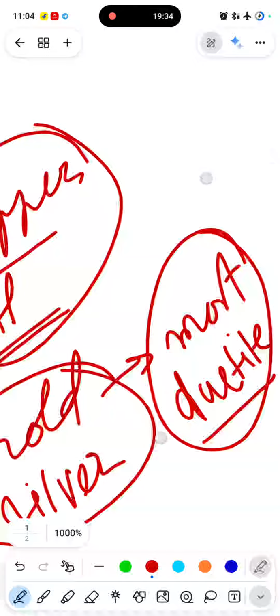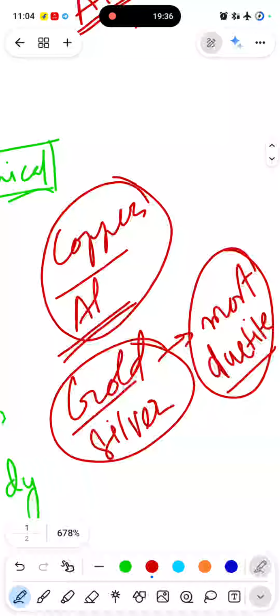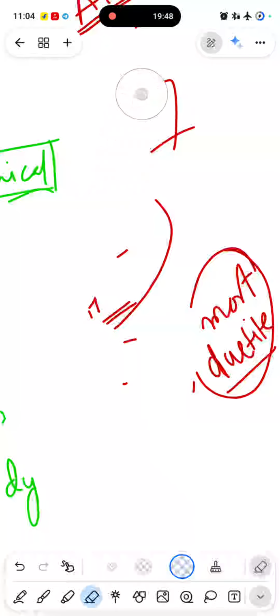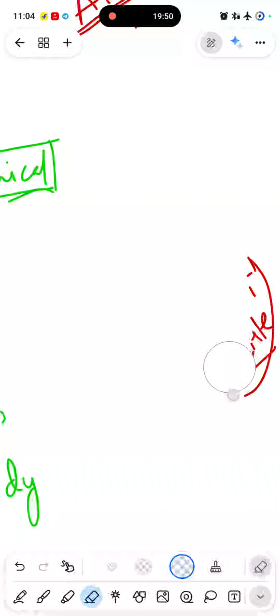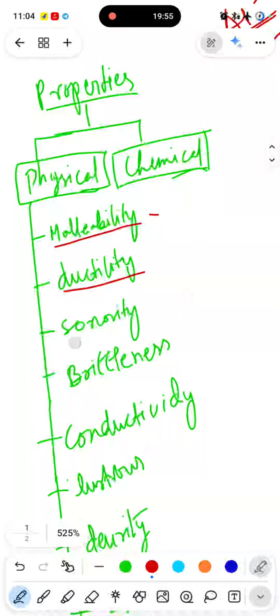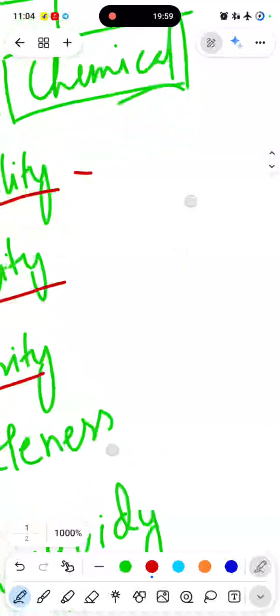Gold is the most ductile, but we don't use gold because, as you know, it's expensive, and if we use it regularly, then you don't know, people will steal it, cut it and take it away, brother. So it's not that effective at all. But next we have sonorous. Sonority, or it is basically sonorousness.